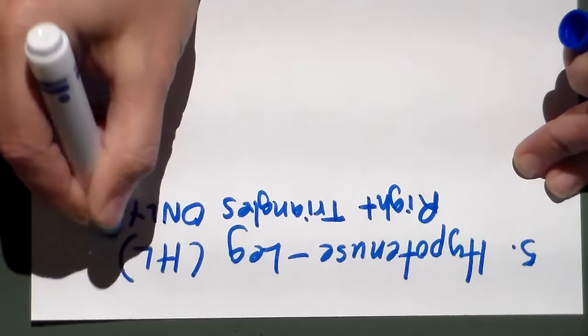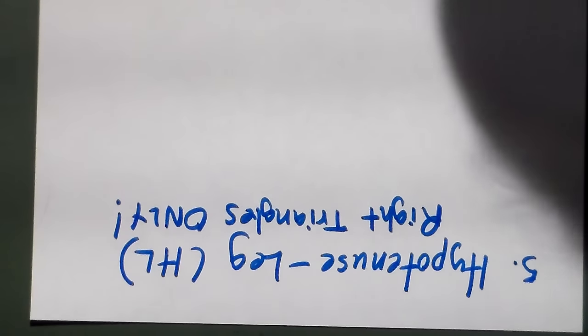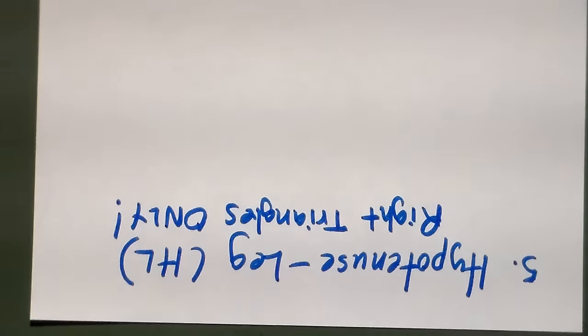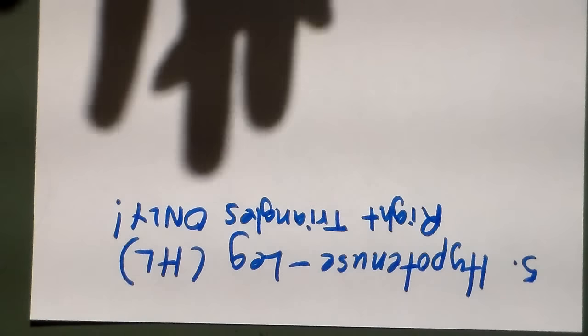Right triangles only. Okay? So remember we talked about your favorite word, ass. There is no ass in geometry. You cannot use angle, side. But you can use hypotenuse leg, and it looks like ass. Sorry, I'm cussing on the video. It looks like ASS, but it only works in right triangles.